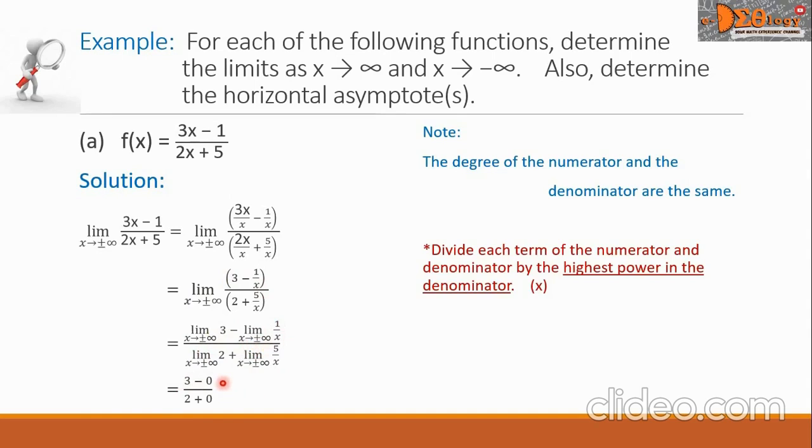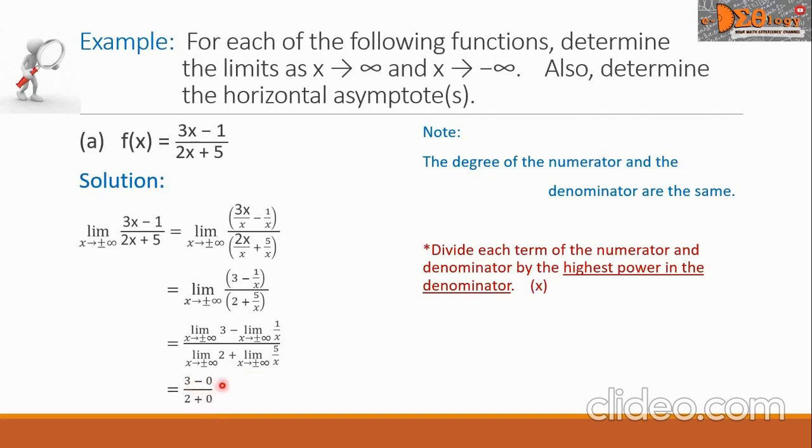This becomes 0. All over, in the denominator, the limit of the constant 2 as x approaches positive or negative infinity is simply 2, plus the limit of 5 over x as x approaches plus or minus infinity, which becomes 0.